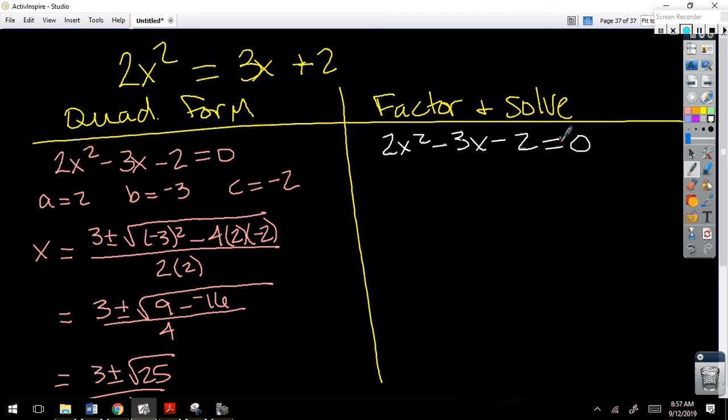Tell me how to factor it. Y'all should factor in your sleep now. It's all right. So I multiply to negative 4, but add to negative 3. So what are the two factors? 1 and negative 4. I'm going to do my negative first, just because it makes it a little bit easier on me.